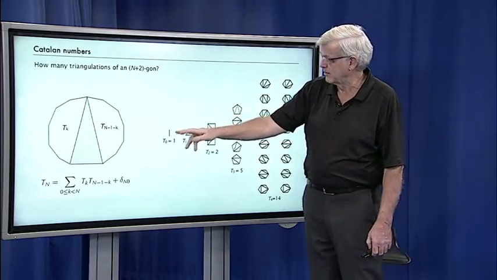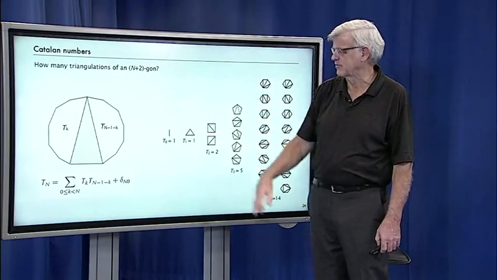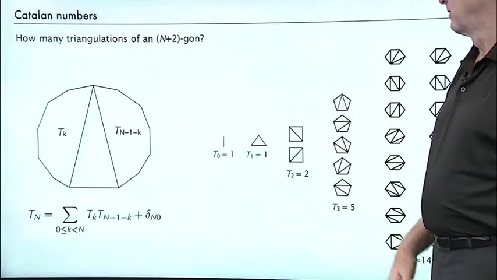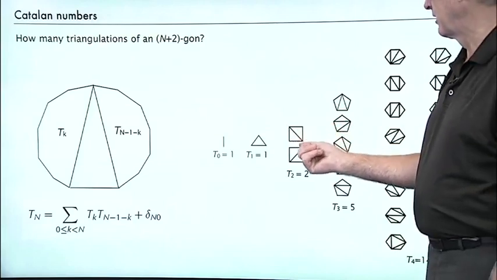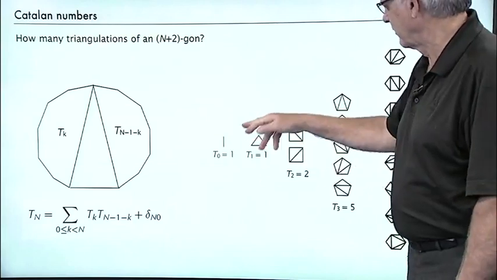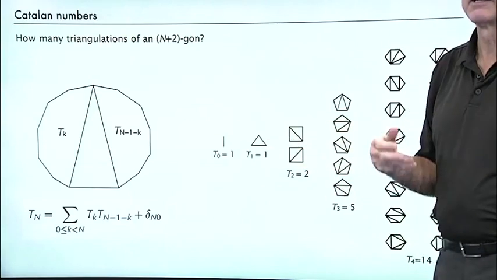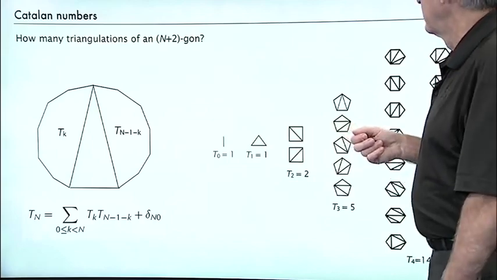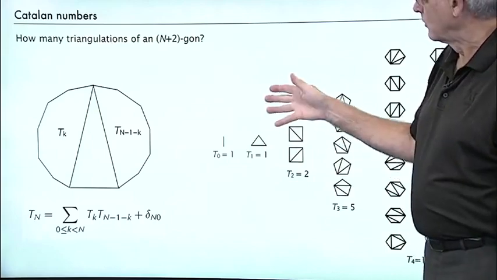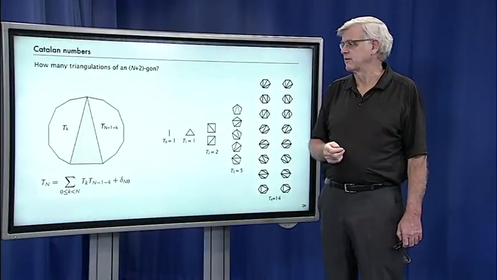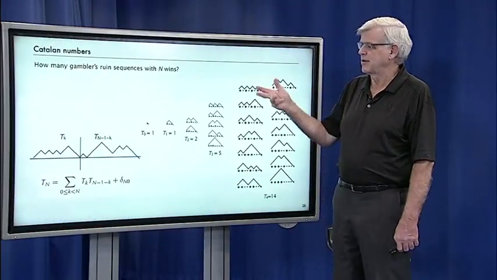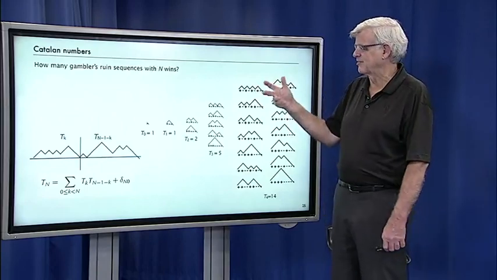So the number of triangulations has to satisfy that recurrence relation: the sum over k from 0 to n minus 1 of t_k times t_(n-1-k), plus an extra one, because there's always one way to triangulate the triangle. That's a recurrence relation that we're going to take a look at solving. But it applies in many other applications.